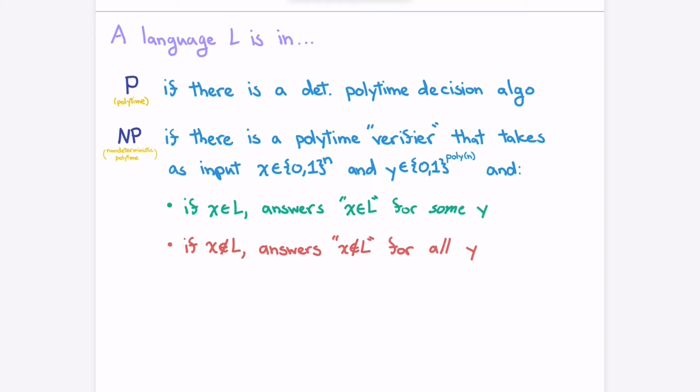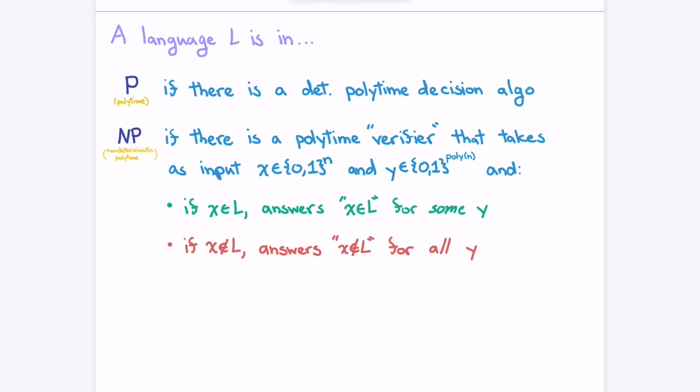NP means not that there's an algorithm to decide it, but there's an algorithm to verify membership in polynomial time, or a proof of membership. So you have an algorithm that takes two inputs: your original input X, like a graph, and then a proof Y, an independent set of size K or something.